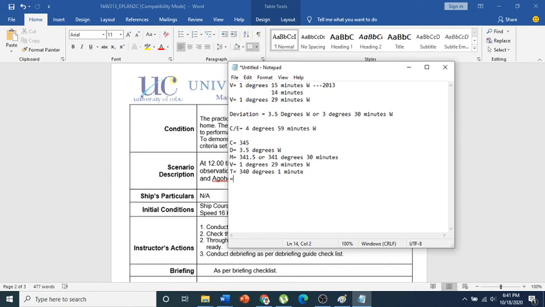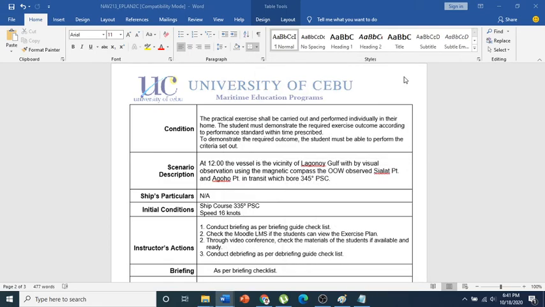Or for easy plotting, we can say 340 degrees. So this will be your true bearing, 340 degrees.